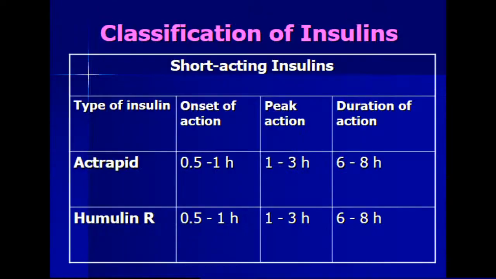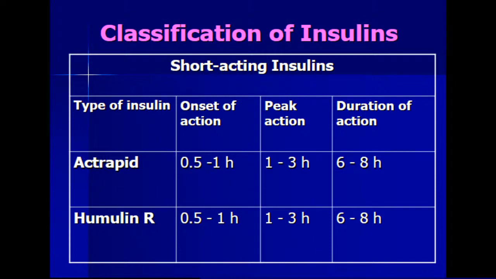Second group, short-acting insulins. The names: Actrapid and Humulin R. Onset of action, half an hour up to 1 hour.